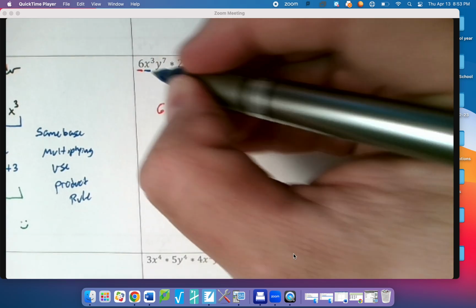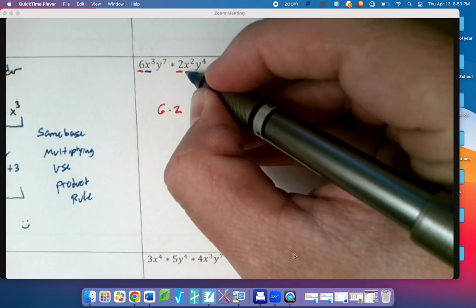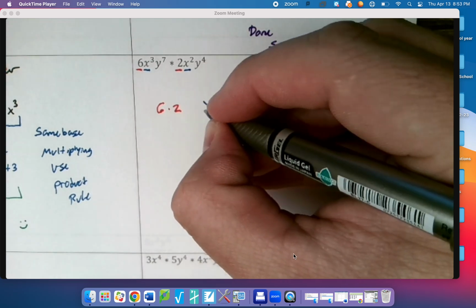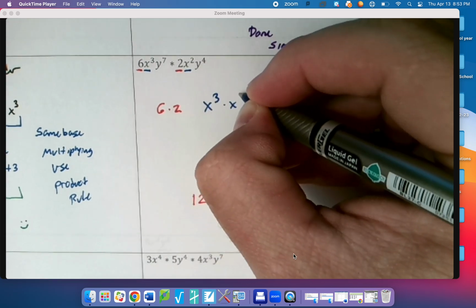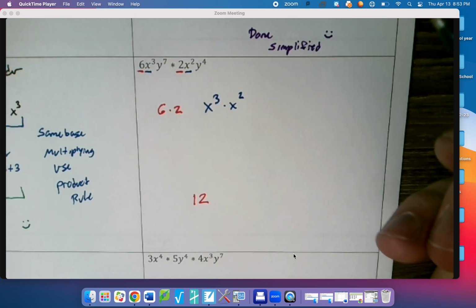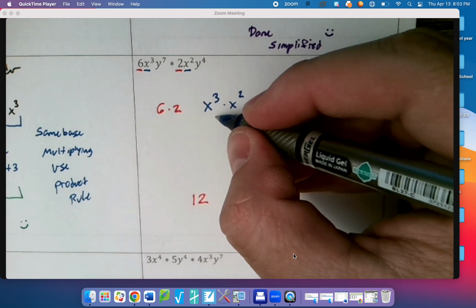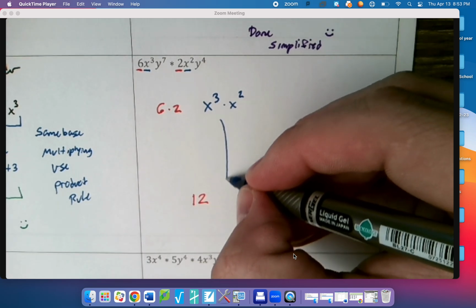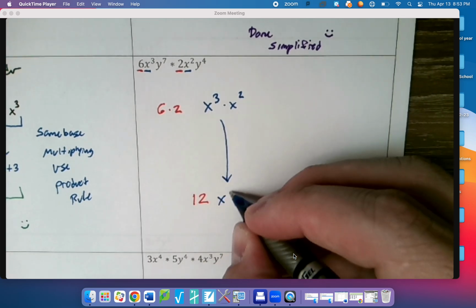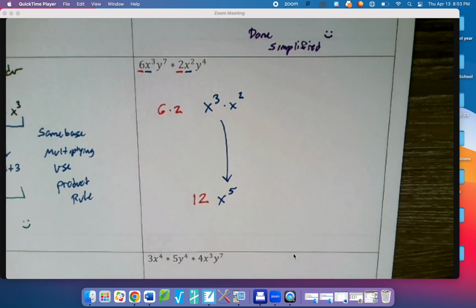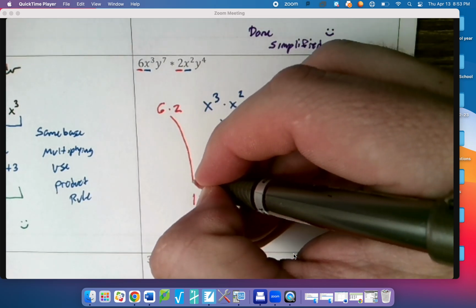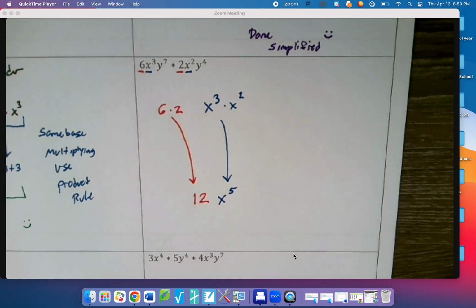I have x to the third, x squared, so it's really x to the third, not 12, sorry, x to the second. I was still thinking the 12 earlier. Those add together, and we get x to the fifth. I like this arrow, so I'm gonna draw an arrow for the 12 as well. I'm gonna go back in time a little bit.